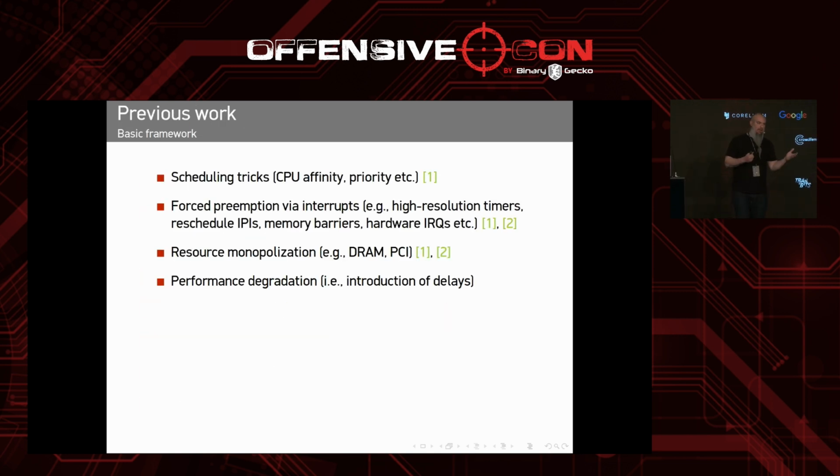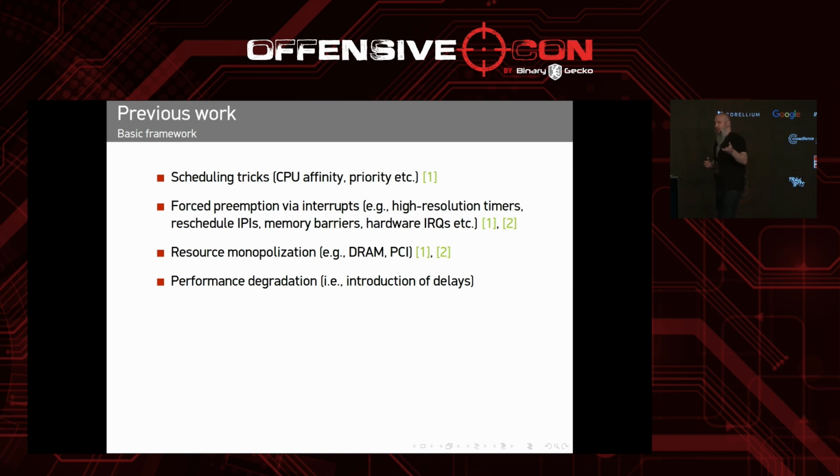But before we begin with the actual techniques, let's discuss some previous work on race conditions. To win race conditions, attackers usually use several tricks. The most common ones are scheduling tricks, like changing the CPU affinity or the priority of a thread. More recently, attackers started using forced preemption based on inter-processor interrupts, high-resolution timers, and also hardware IRQs coming from external devices.